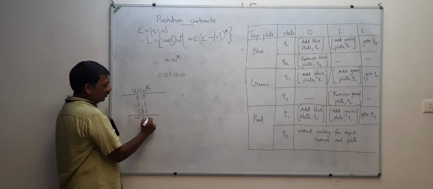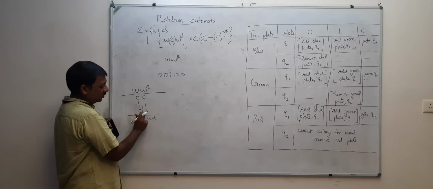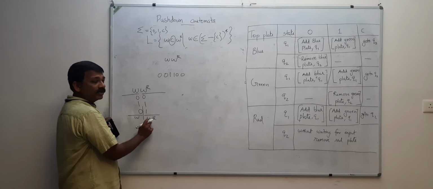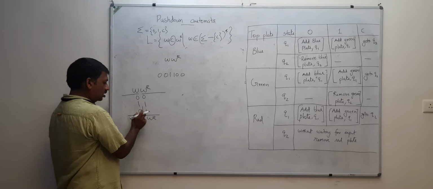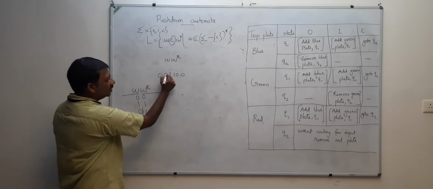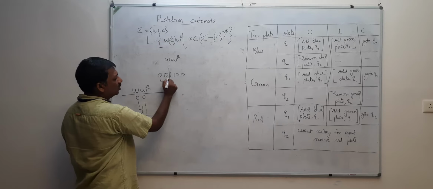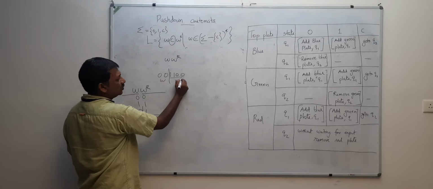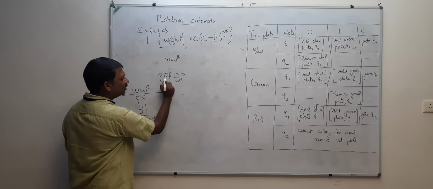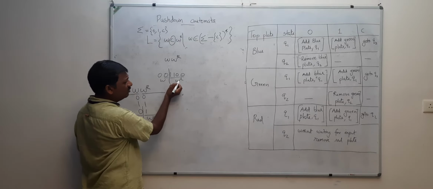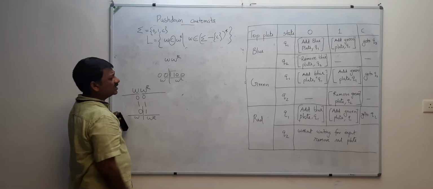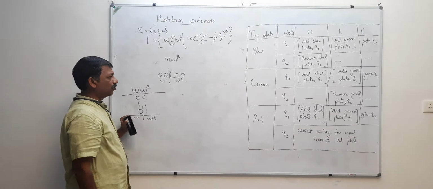Why? W raised to R should start with 0 if this is W and this is W raised to R. But if you have such a 0, 1 combination, it is not possible. Here this is ending with 0, and if this is W raised to R, it should start with 0.